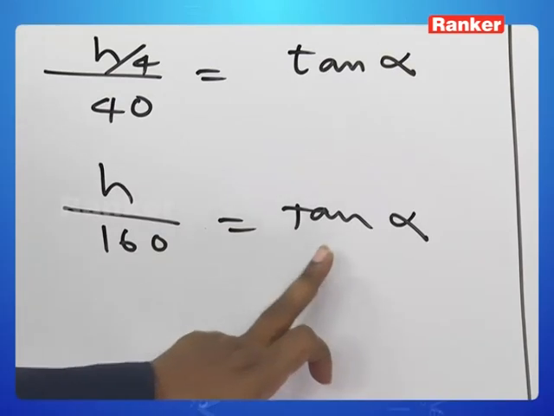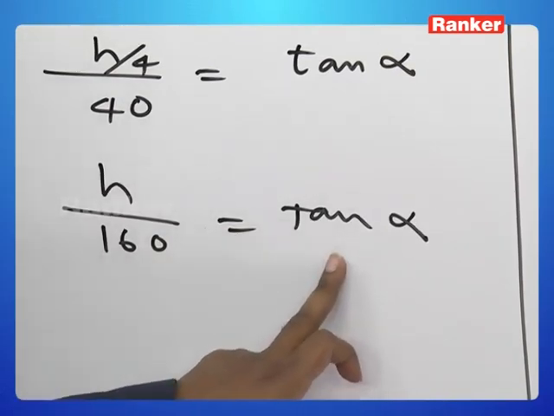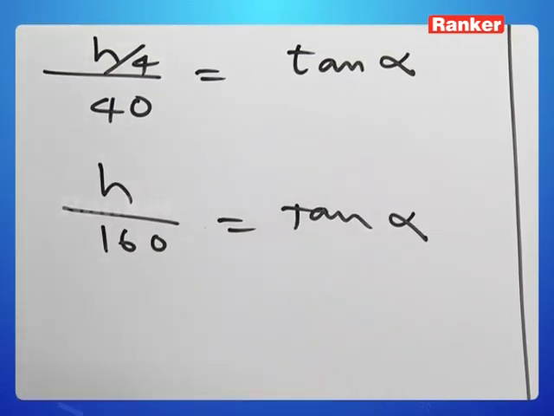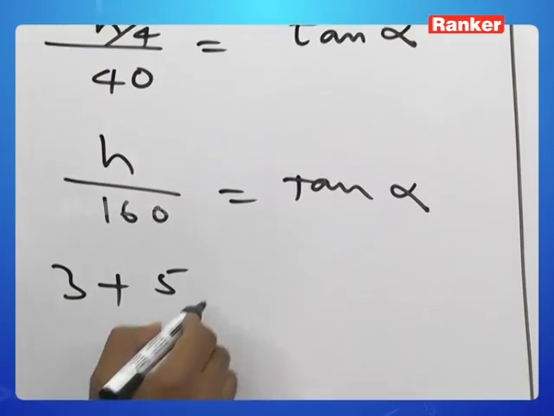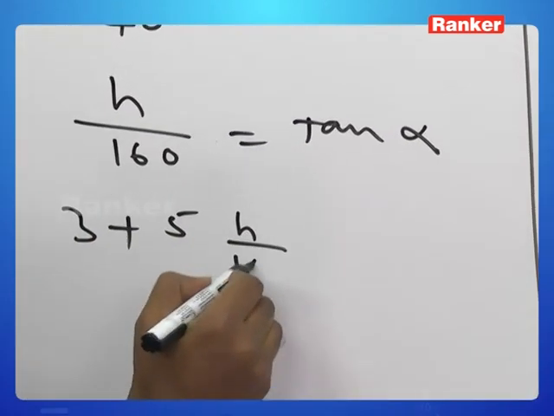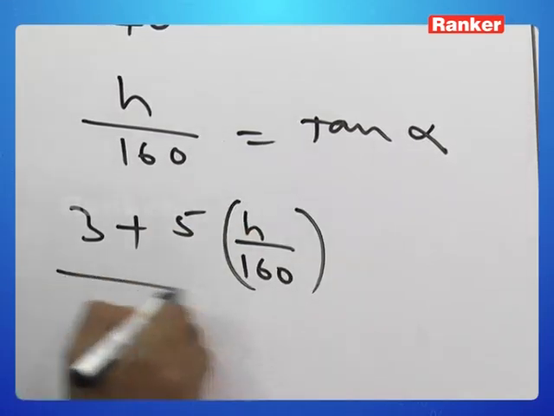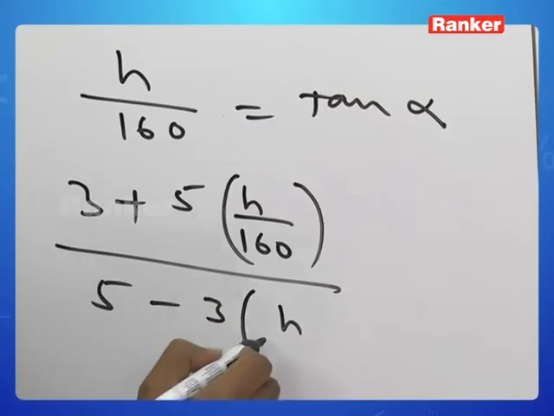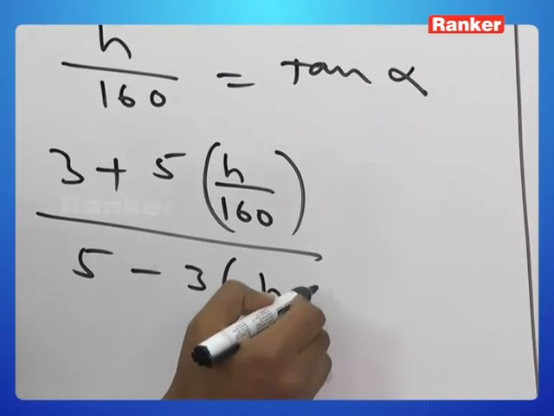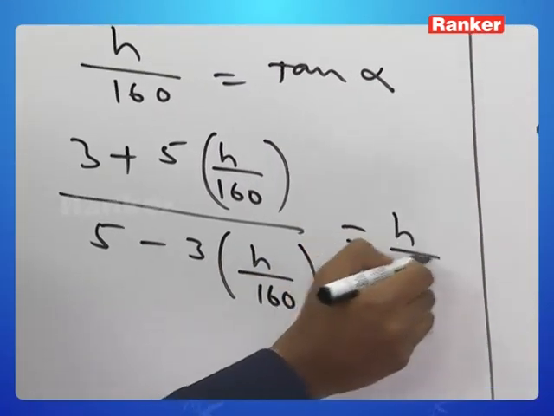So, we can substitute tan alpha to be h by 160 here and get the value of h. So, what do we have? 3 plus 5 into tan alpha, that is h by 160, by 5 minus 3 into h by 160 is equal to your h by 40.